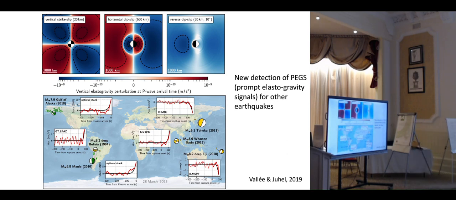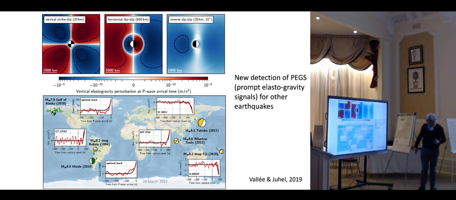When we think about gravity, we think of the vertical component, but we also have horizontal components. And that is what we see here for the Indian Ocean, where we have this clear signal. But again, all these earthquakes are magnitude larger than 8.